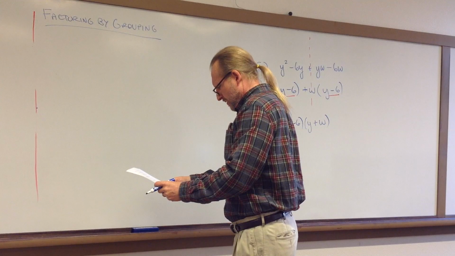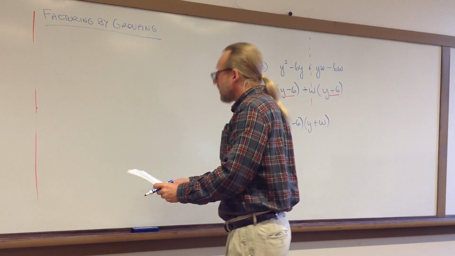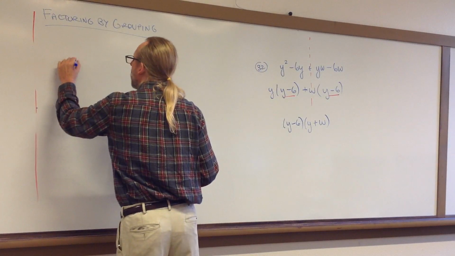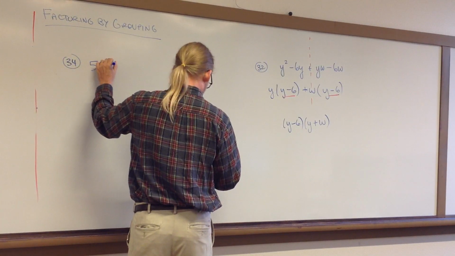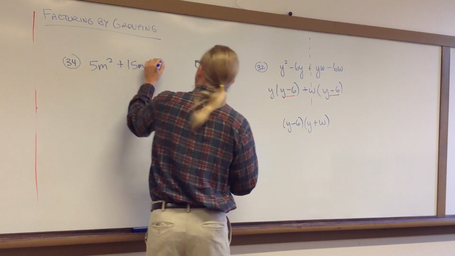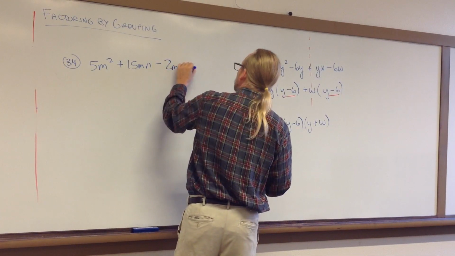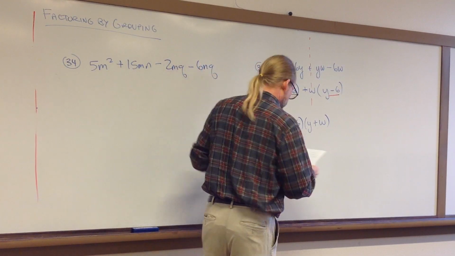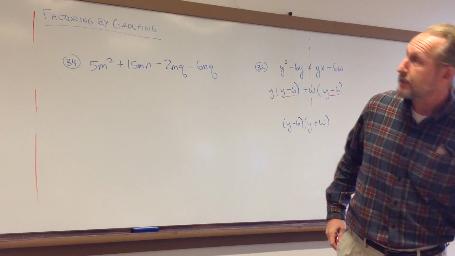Let's do 34. 5m squared plus 15mn minus 2mq minus 6nq. This does have that tricky issue in it.